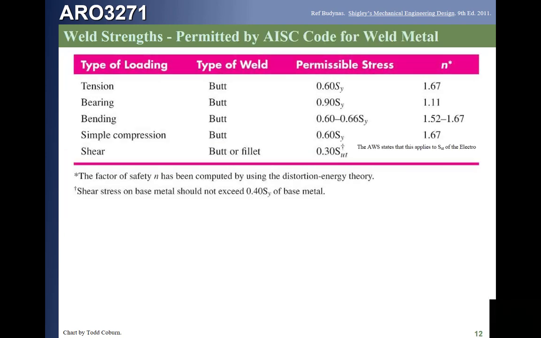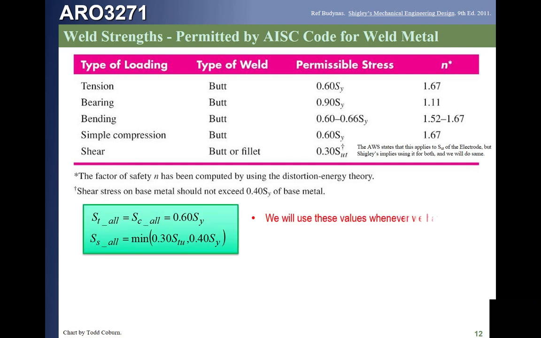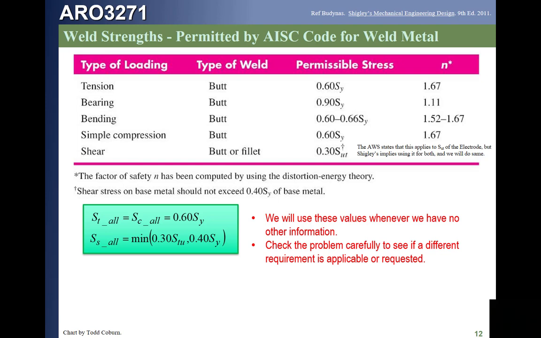Now, when we start looking at the base metal, what the AISC code for welding says is that for different types of welds, we have different permissible stresses. These already have factors of safety buried in them. And generally, if we weld, we're going to use these kind of values. So what we're going to do to make this table rather simple is, if we have tension on a weld, we will use 60% of the yield strength.